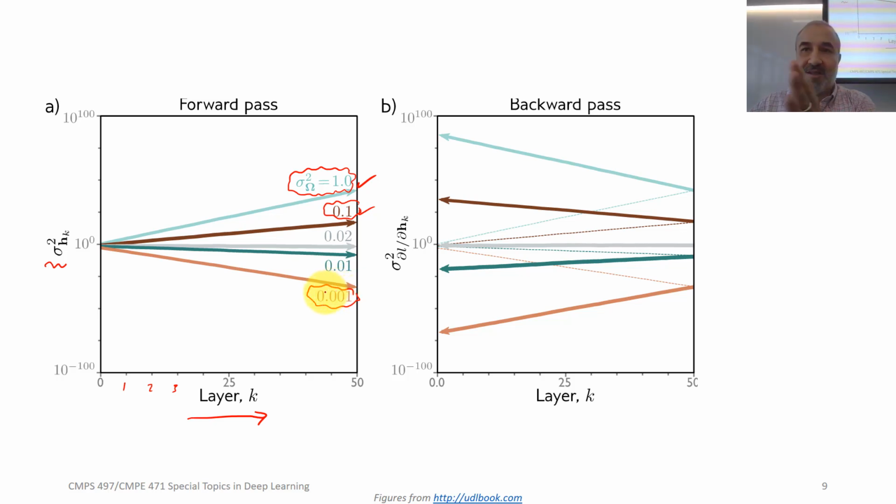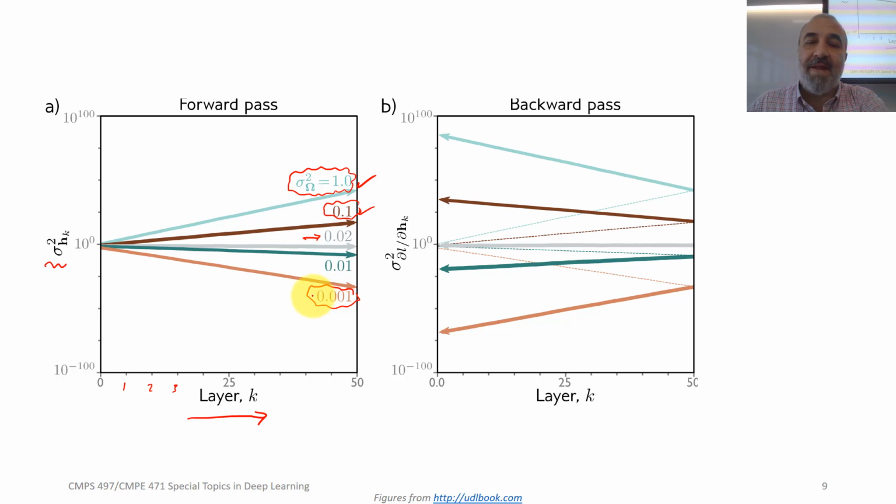Forget about the right side figure now. We are only talking about the left side, which is the forward pass. Do you understand now what's going on? If you look at the value 0.02, it's stable. Is that a magic number? We'll see.